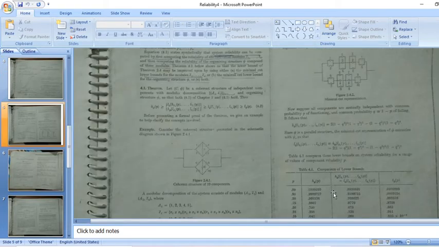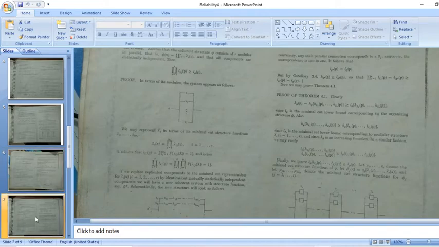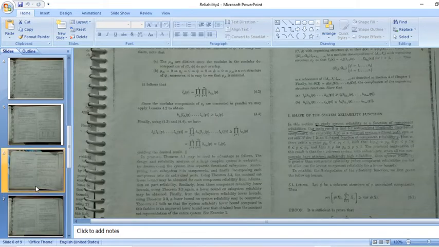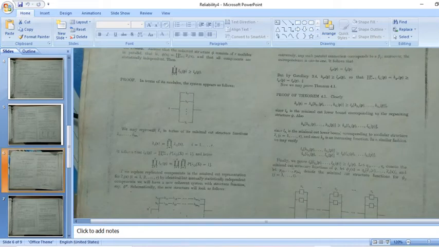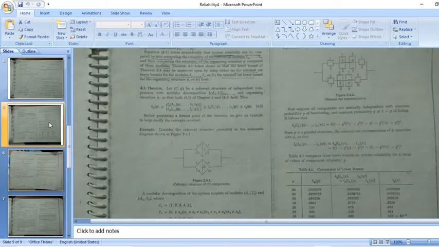Now to prove the minimax bound result, we will use these representations. One page is missing; that page will be put into the presentation. No problem.